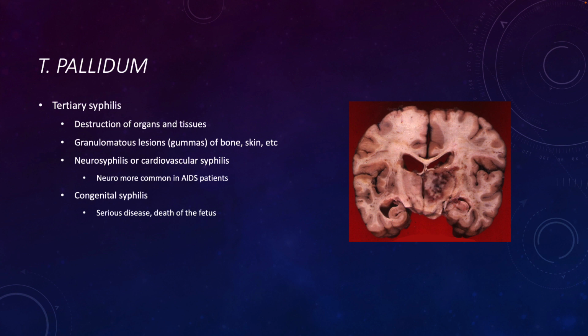We can have neurosyphilis or cardiovascular syphilis. Neuro tends to be more common in AIDS patients, but it can happen for other patients as well, and you can see a lesion here in this cross-section of the brain.